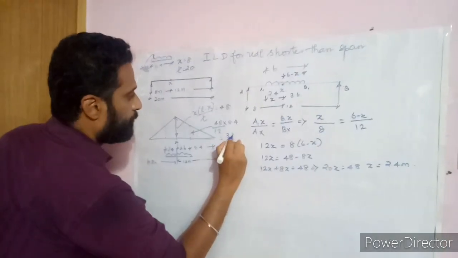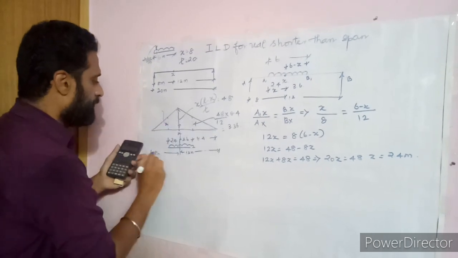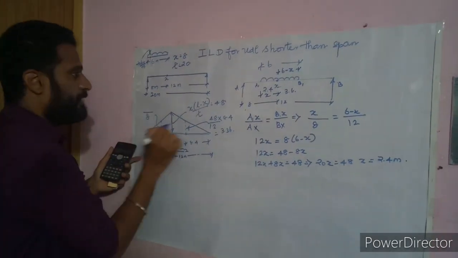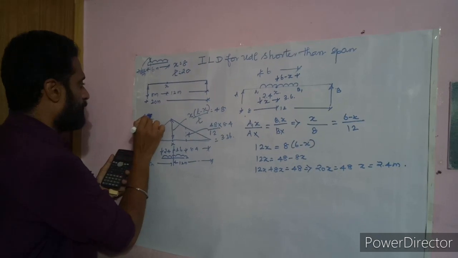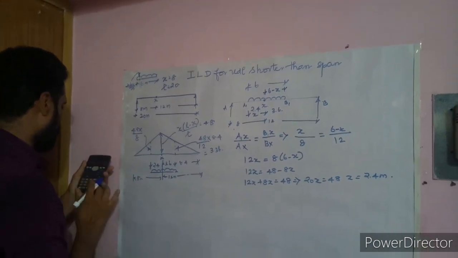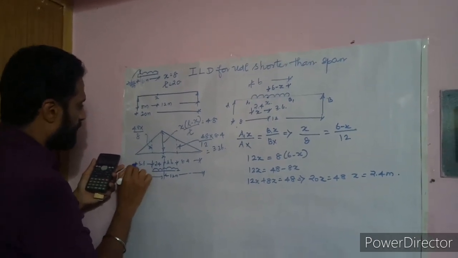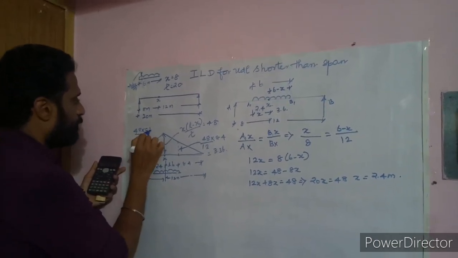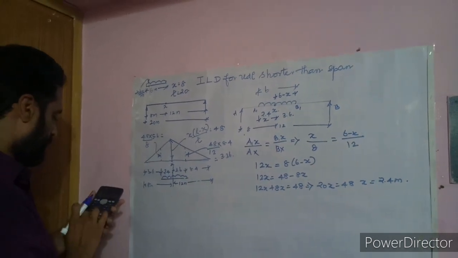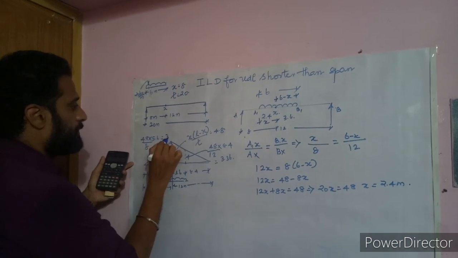So the intensity is 3.36. The same way I am also calculating the intensity for this profile. For 8 meters it is 4.8, and for 8 minus 2.4, which is 5.6, so for 5.6 meters of profile, what is the value? 5.6 into 4.8 divided by 8, so the value is 3.36.